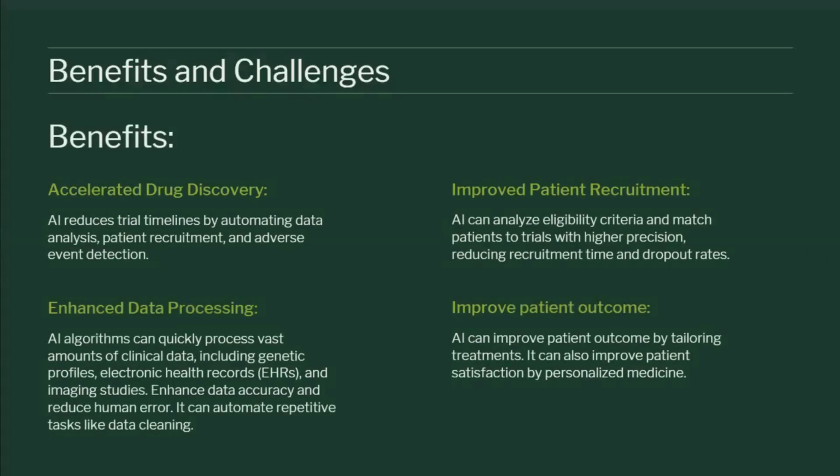Fine. So now, if we talk about the benefits and the challenges of AI, what are the benefits? Like accelerated drug discovery. Suppose we have 10,000 molecules. I think we have discussed drug discovery in one of my sessions, where I told you how AI is going to impact it. So what happens once we detect the disease or the protein or anything which is causing the disease?